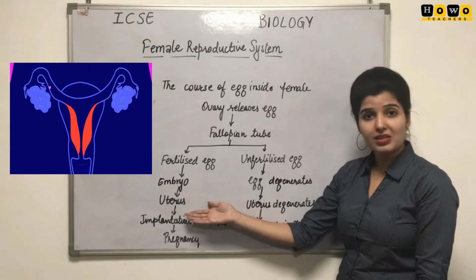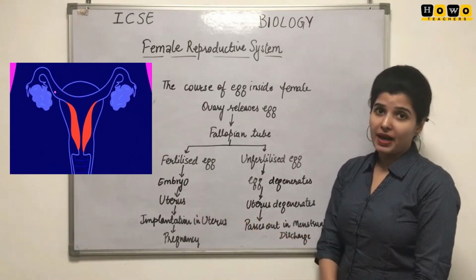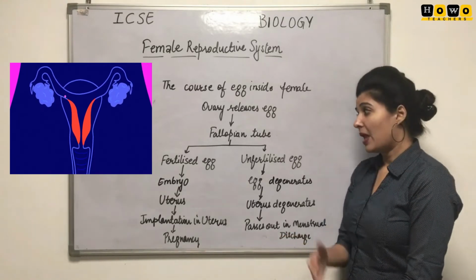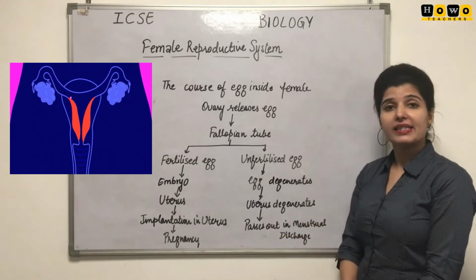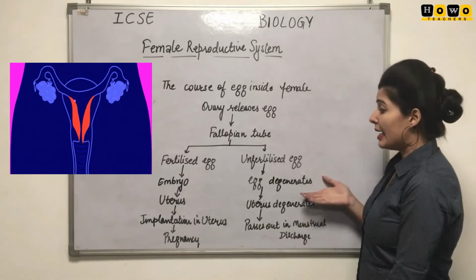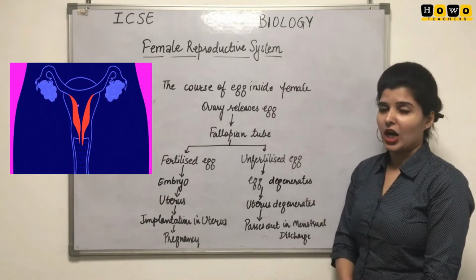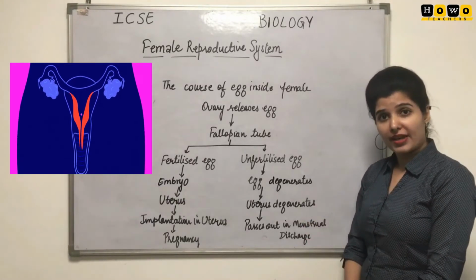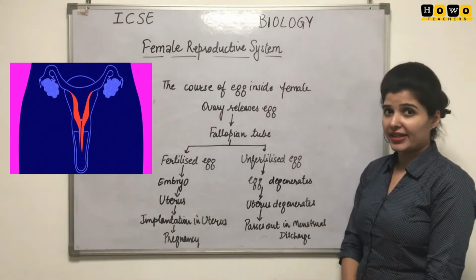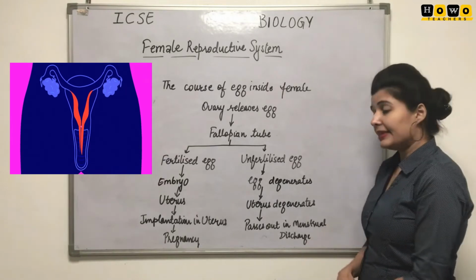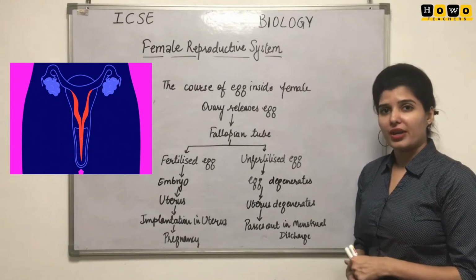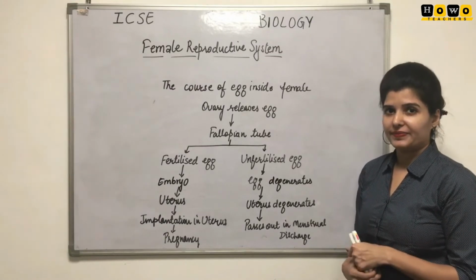It moves towards the uterus and is implanted in the uterine wall. This is called pregnancy. But if the egg is left unfertilized, it degenerates. Thus, the uterine wall also degenerates, and that is passed out in the form of menstruation every month.